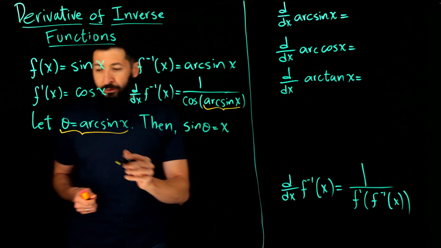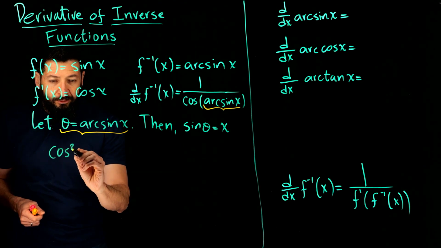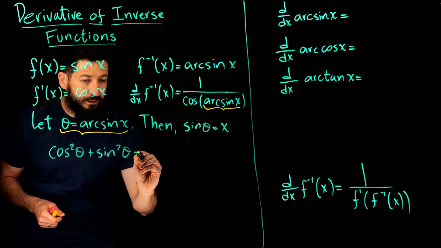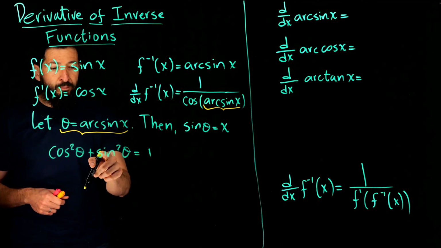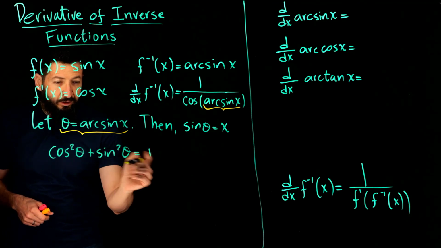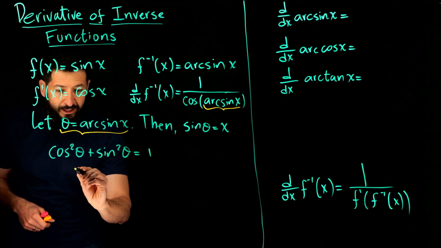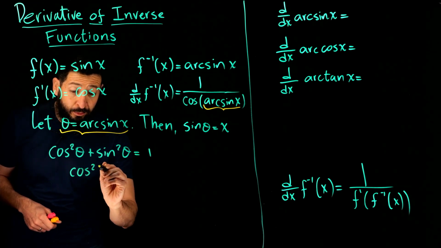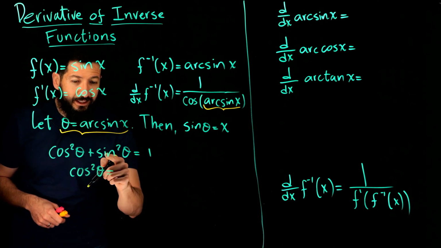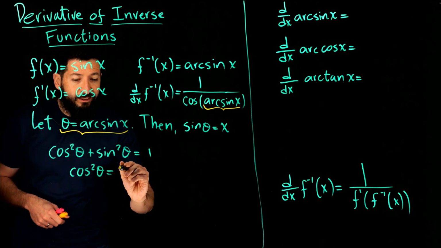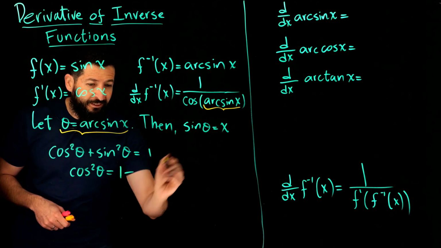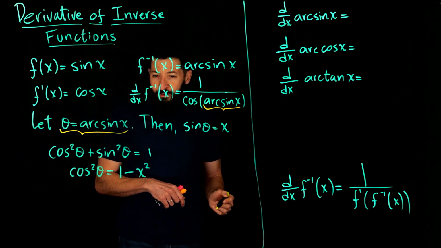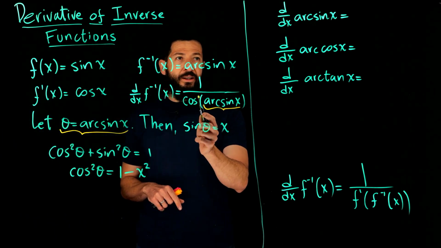So what you need to do is use your Pythagorean identities. Like so, you plug in 1 and subtract sine square on both sides. You get that cosine square is 1 minus sine squared, but that is x, so it's going to be 1 minus x squared. So we're almost there because I just need to find a cosine.